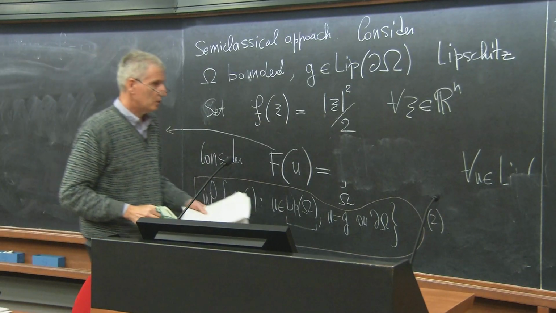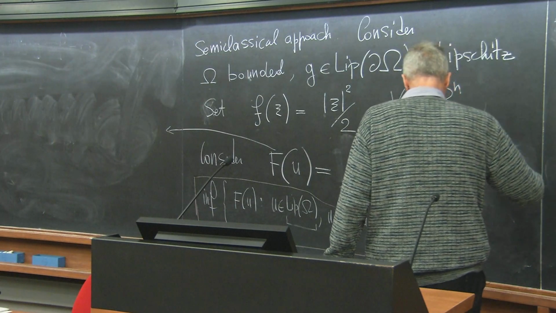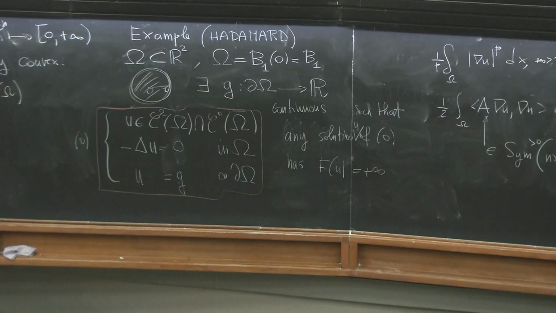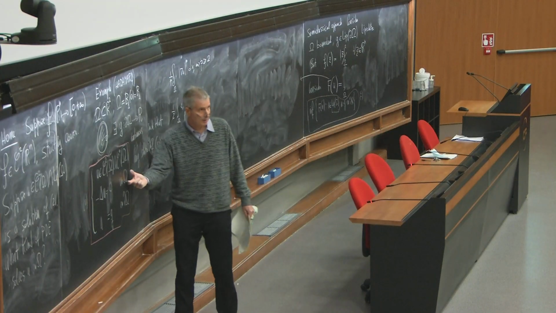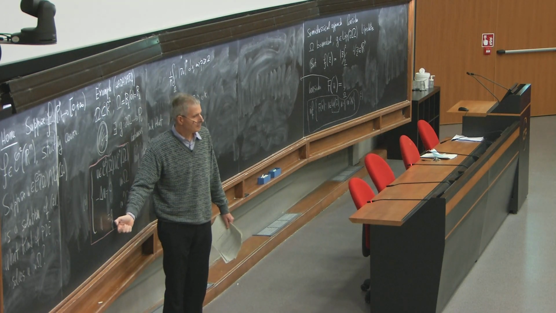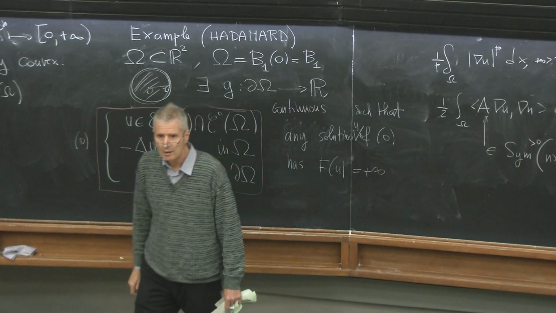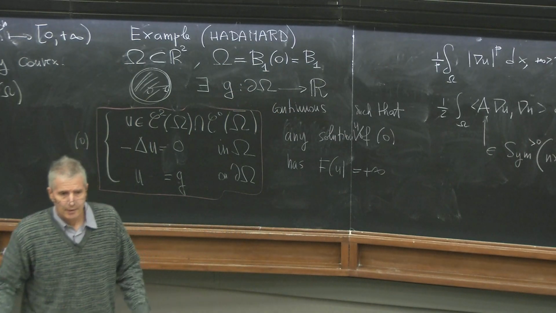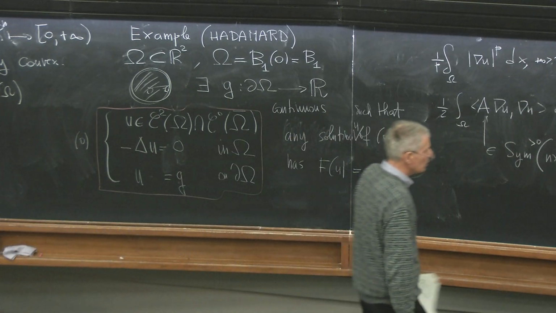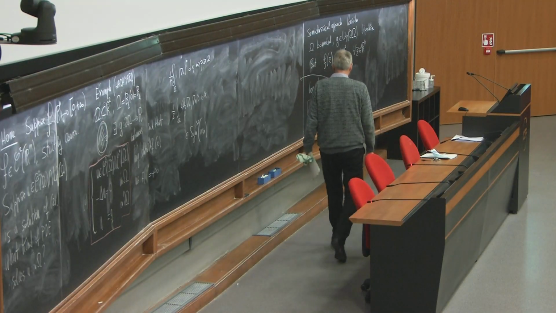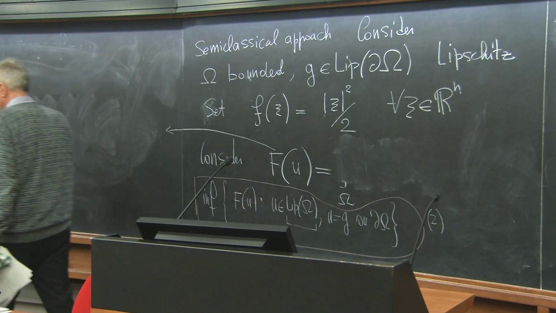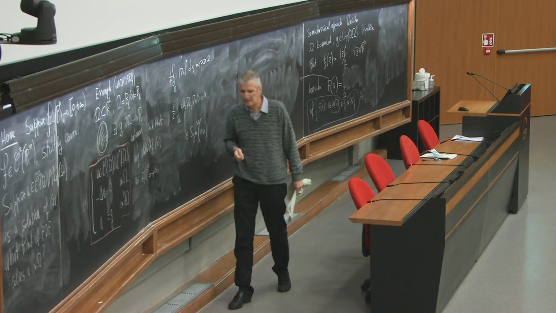Okay, and now I want to tell you some detail. So this means that it may happen that for omega very, very smooth and bounded, there are continuous boundary conditions such that they are continuous but not more than continuous. They are not Lipschitz, of course. So that G is just continuous, no more than that.